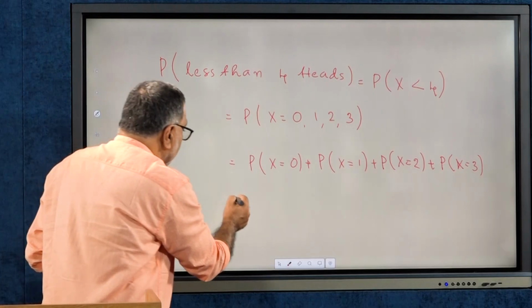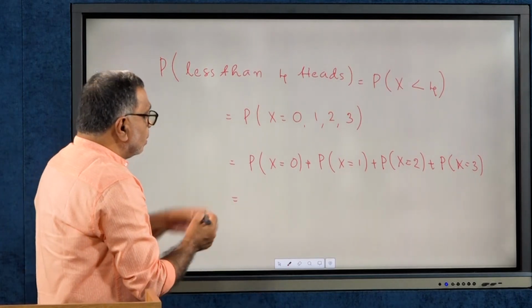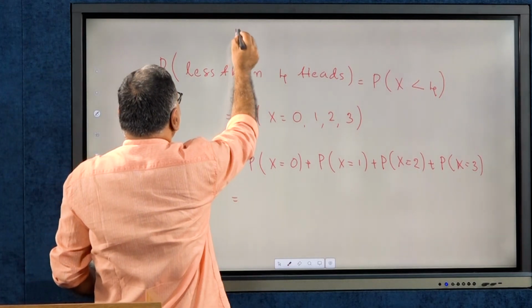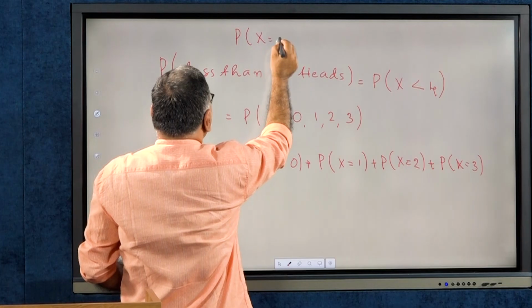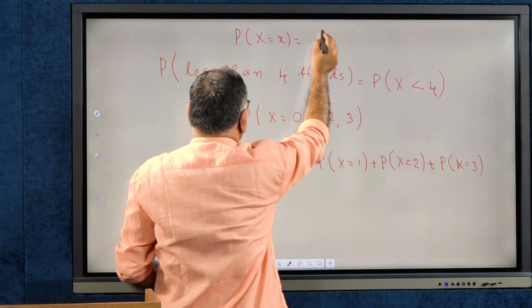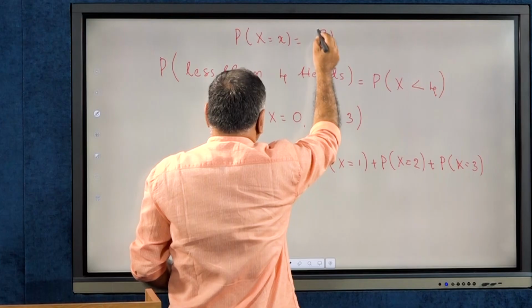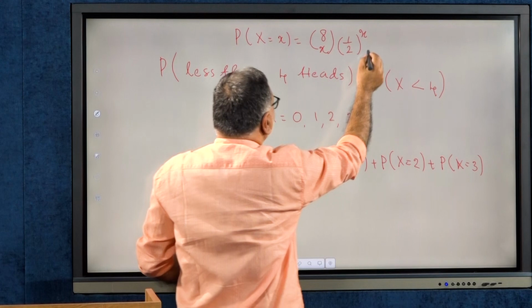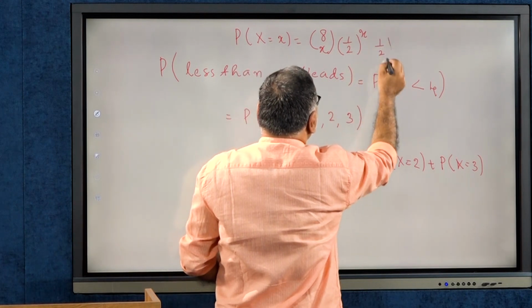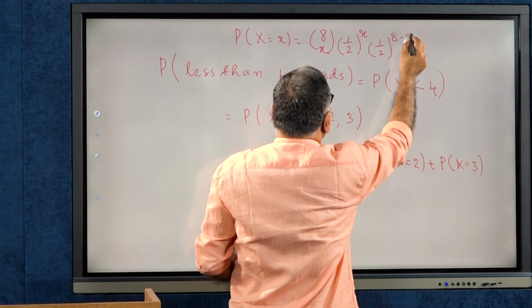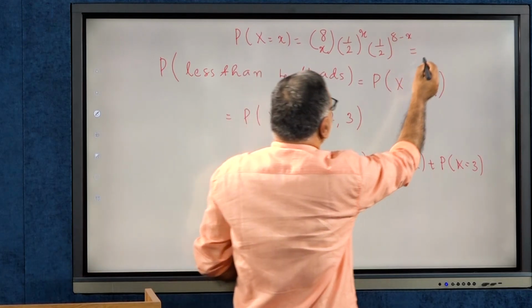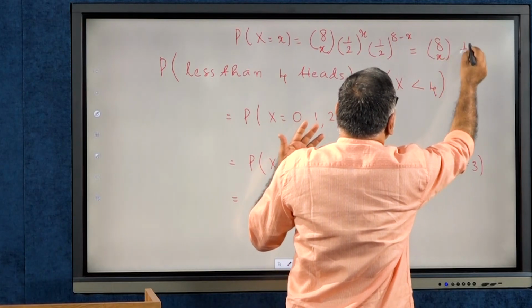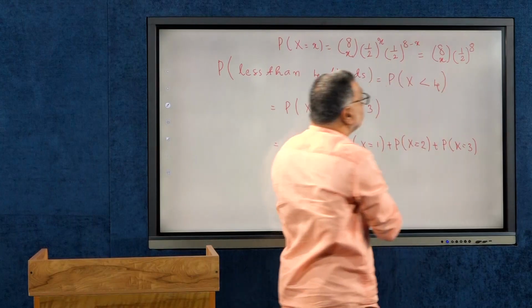Using the binomial probability mass function, we have the probability of X equal to x as 8Cx p power x, where p is 1 by 2 power x, and q is also 1 by 2 power 8 minus x. Or, because p and q are equal, we can write this value as 8Cx times 1 by 2 power 8.